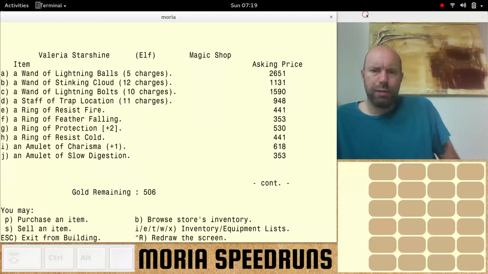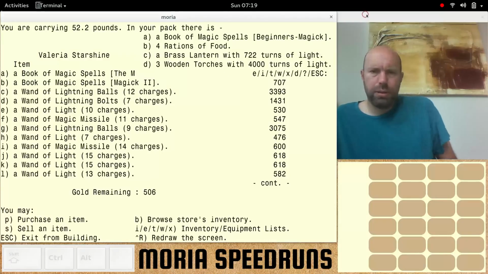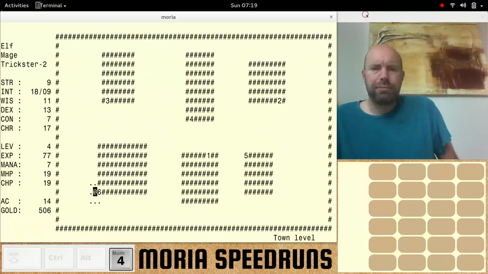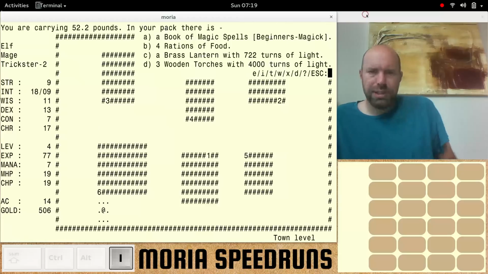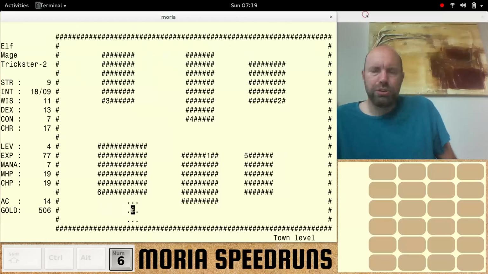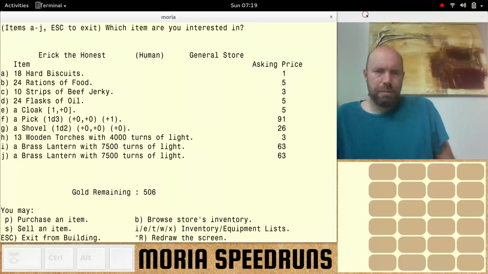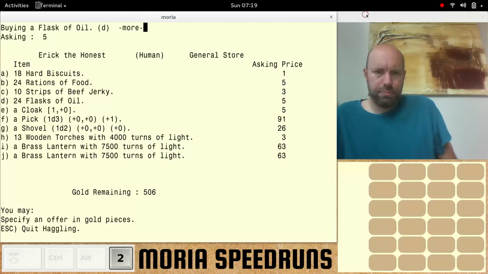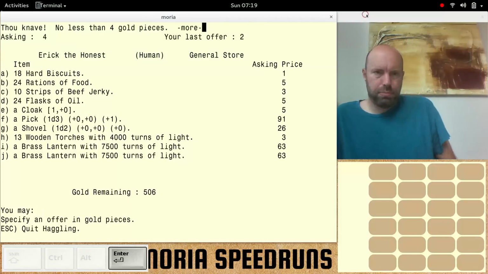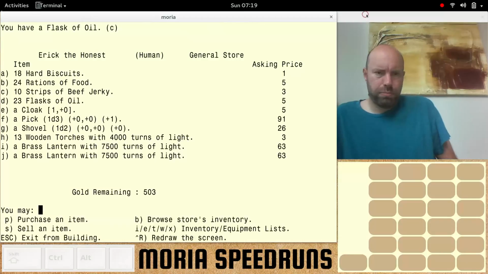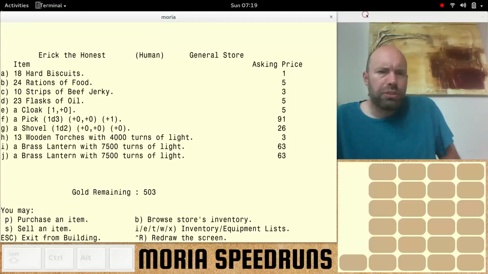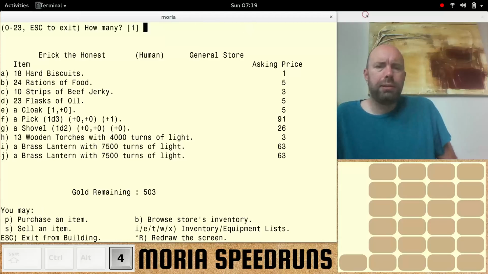Next book is Magic 1. They don't have it for sale. What is the next thing? We need to go to store number 1 over here. And we're going to purchase some oil. Where's the oil again? D.